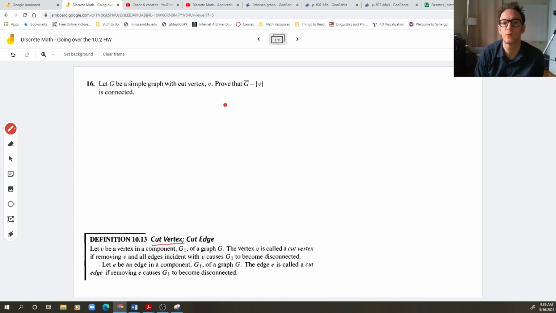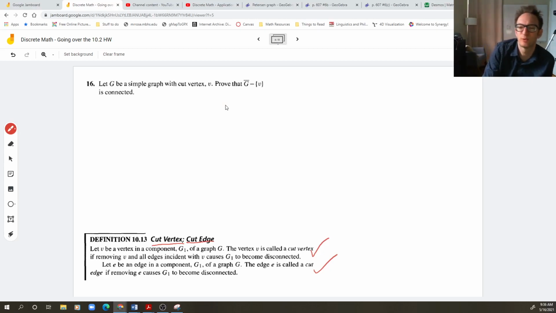So it's the city which, if the city goes into lockdown and closes all roads into and out of that city, then the countryside is now disconnected from each other. So there it is. And what is a cut edge? A cut edge is the corresponding concept: it's the road which, if you close that road, then the countryside becomes disconnected, of course, if it was connected already.